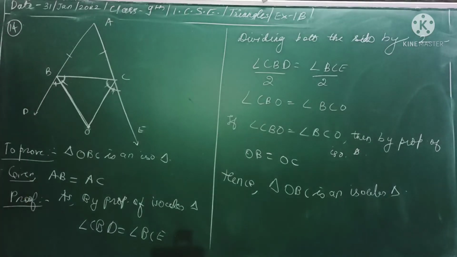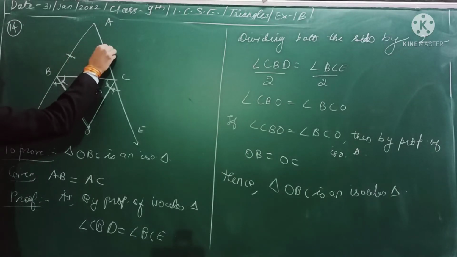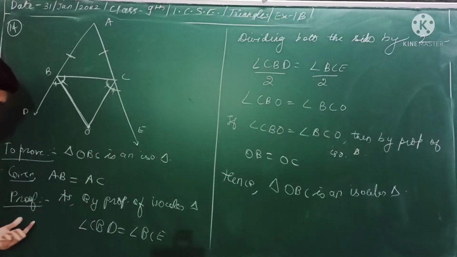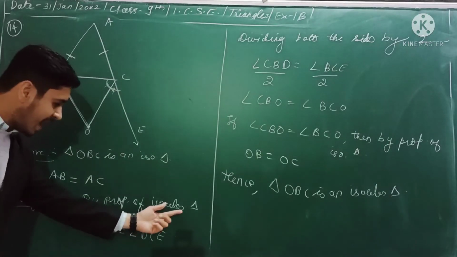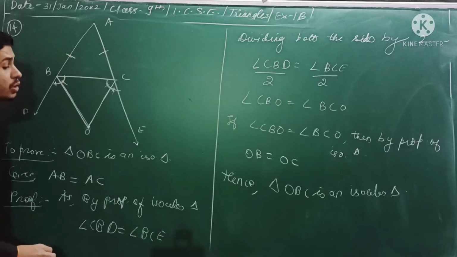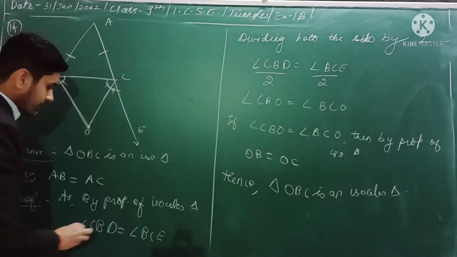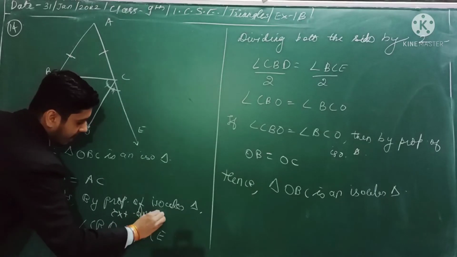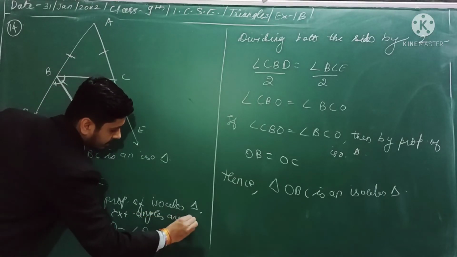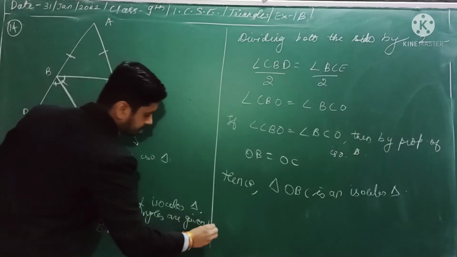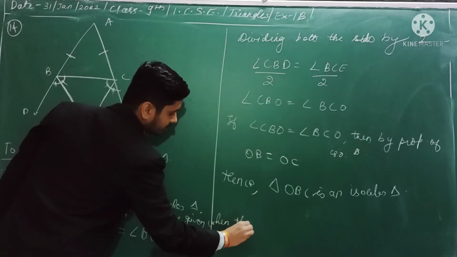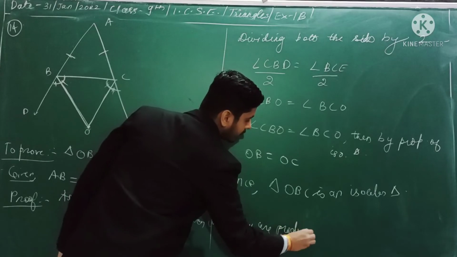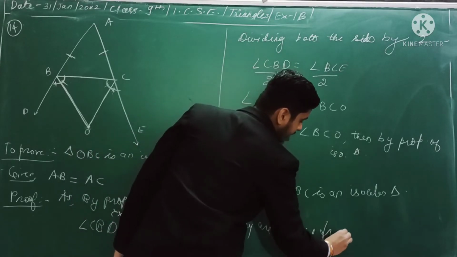We are given that AB is equal to AC, that is an isosceles triangle. What is the proof? By the property of an isosceles triangle, we know the exterior angles are equal when they are produced from the equal sides.